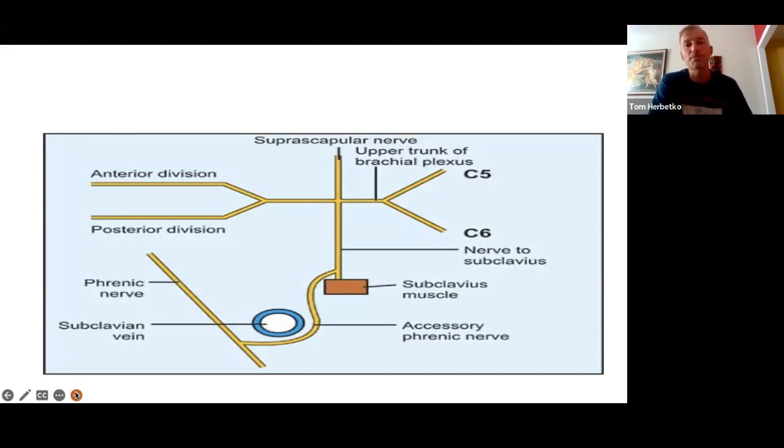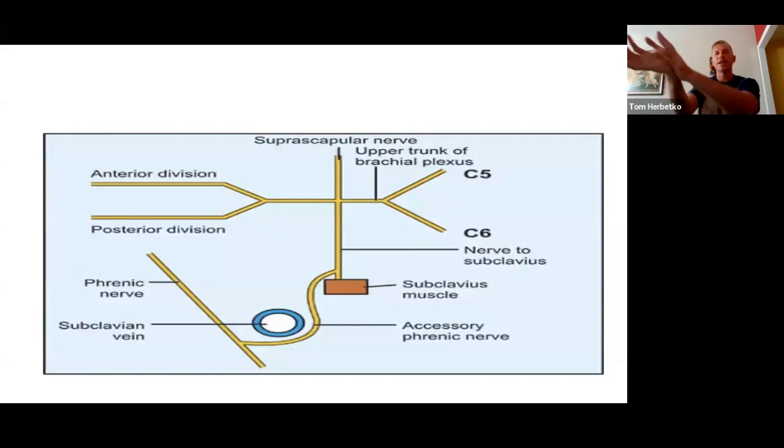So it's interesting because if you have, for example, compression of this thoracic outlet syndrome, you will also have problems with the phrenic nerve and even more problems in that right diaphragm.